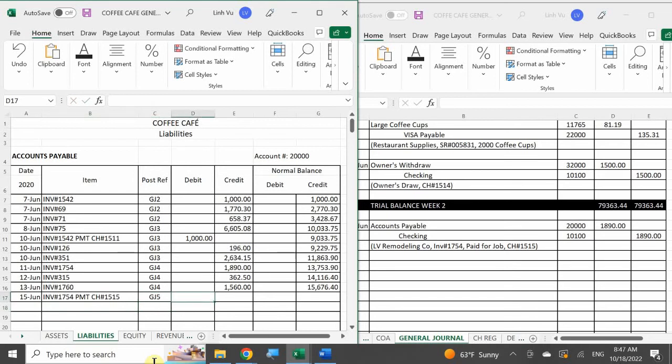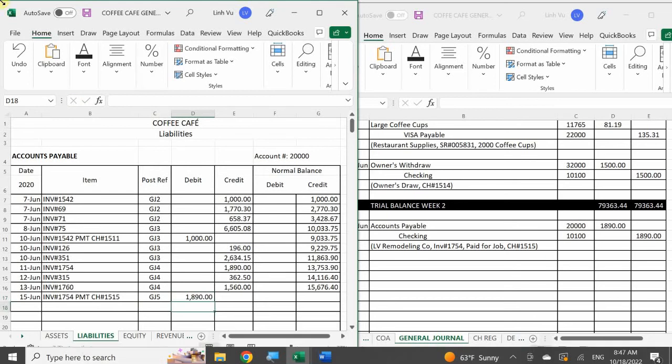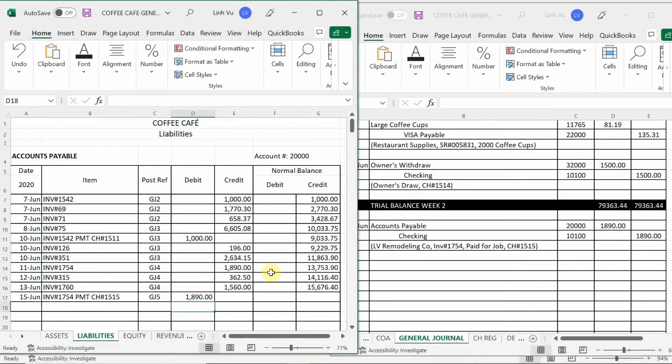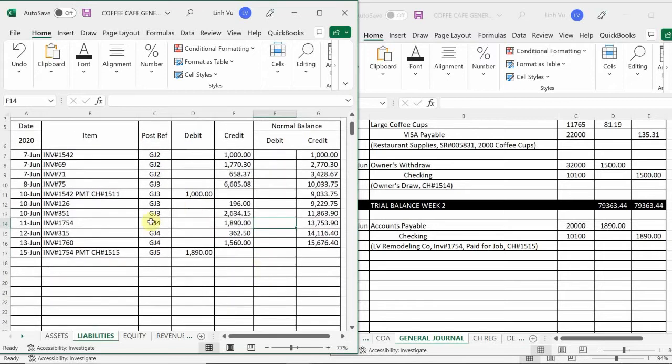What else? We are going to debit it for 1890. Good. So how much money do I owe now since I paid 1890?